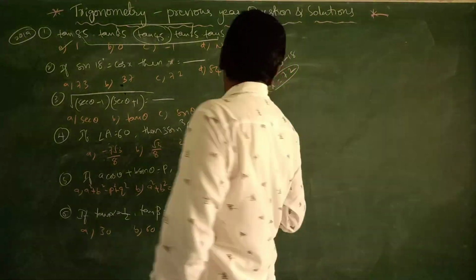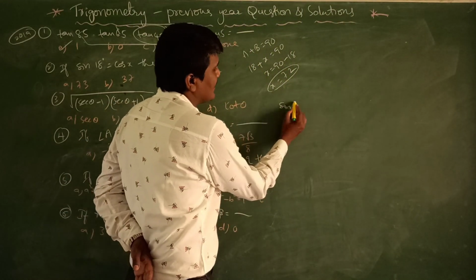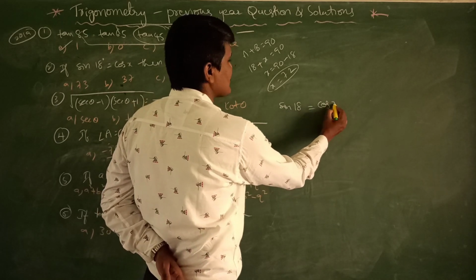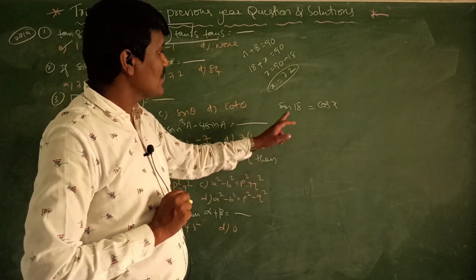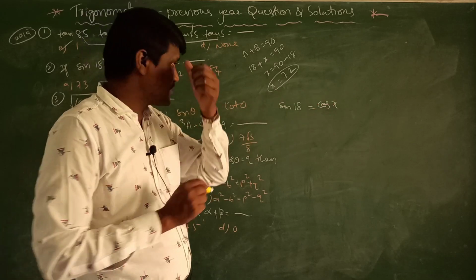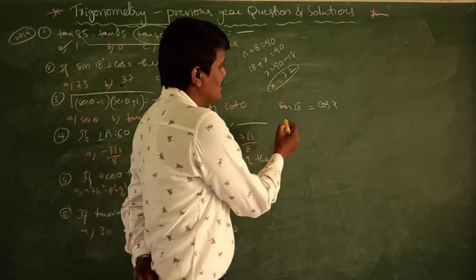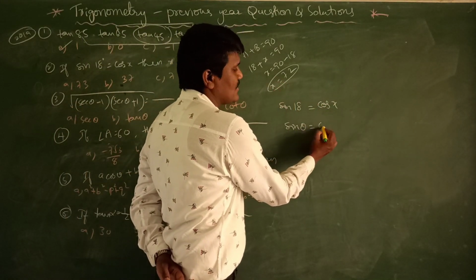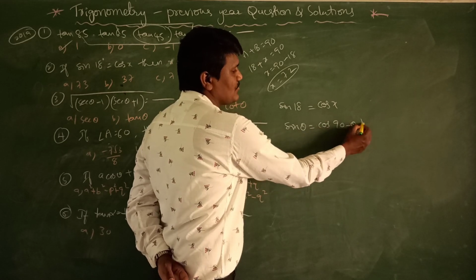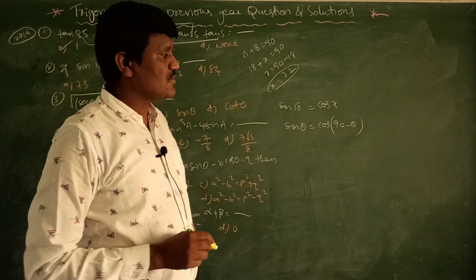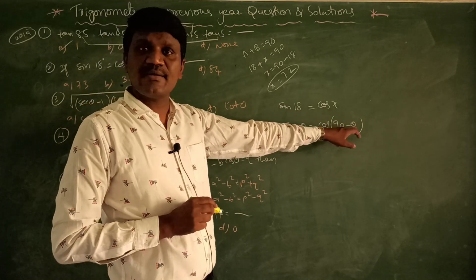That means the question is sin 18 is equal to cos x. We know that sin theta is equal to cos of 90 minus theta. Wherever sin theta is there, I can write cos of 90 minus theta.